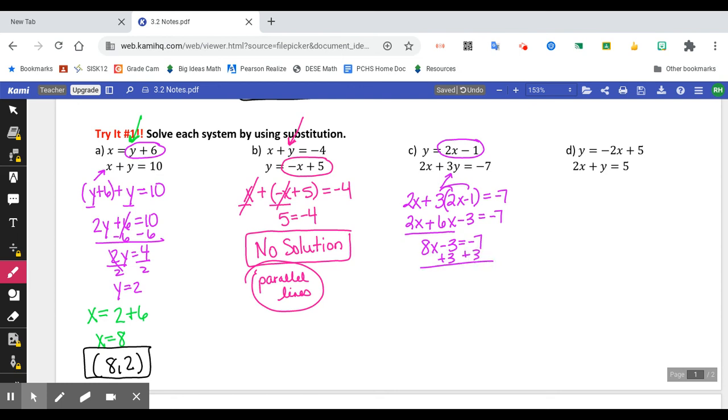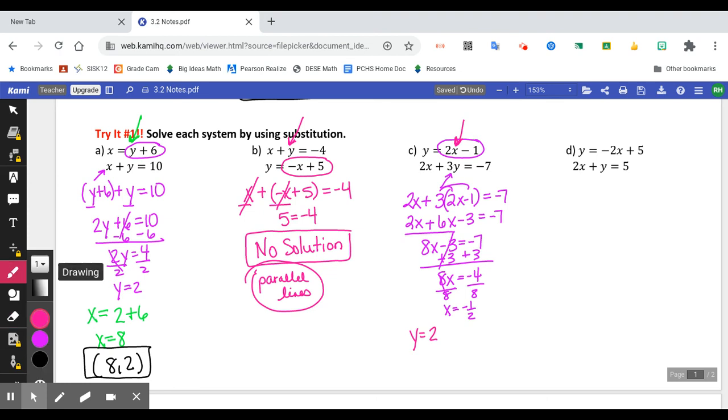Add 3. 8x equals negative 4. Divide by 8, and x equals negative 1/2. Okay, so again, let's plug that in. x is going to go right in here for our top one. So y equals 2x, 2, x comes out, and negative 1/2 goes in, minus 1.